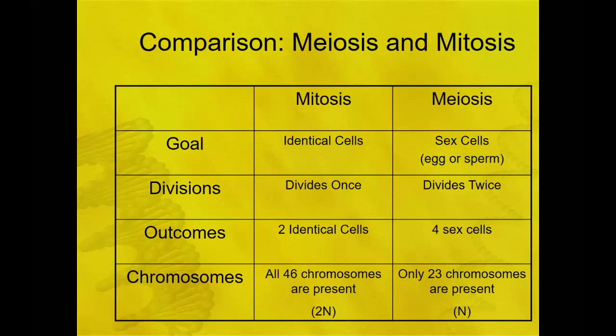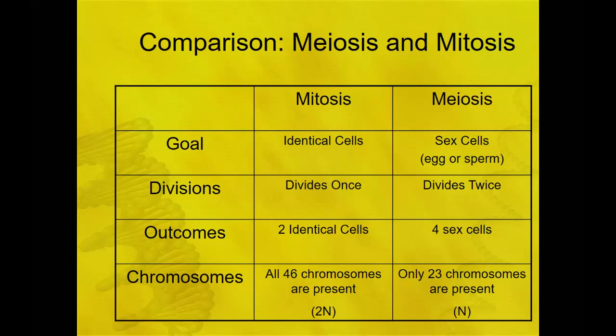In mitosis we do cell division 1 time. So we do 1 S phase, so DNA replication, and 1 division. We go from 46, our original number, to 92, and back down to 46. So each cell is exactly the same as the parent cell that we started with. But in meiosis, we're going to divide twice.